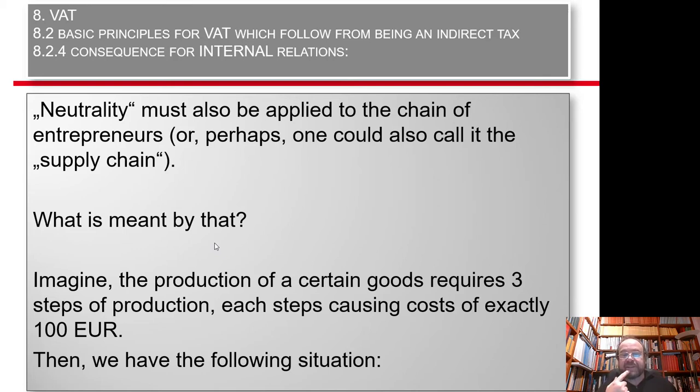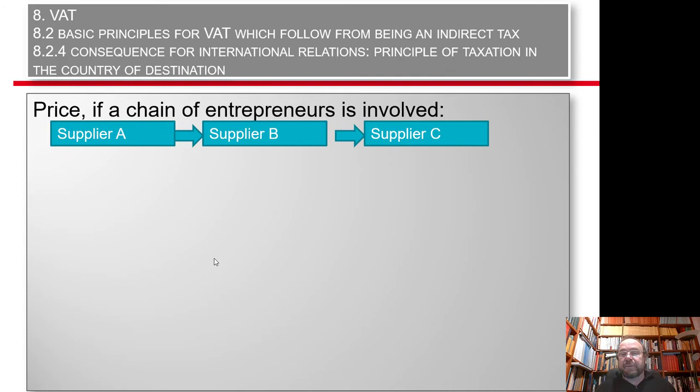And again, the question is why? And again, we can understand that in the best way if we just imagine the principle didn't exist. So let's just imagine we have 3 suppliers, and now we just tax every sale of a good with value-added tax just as it happens.